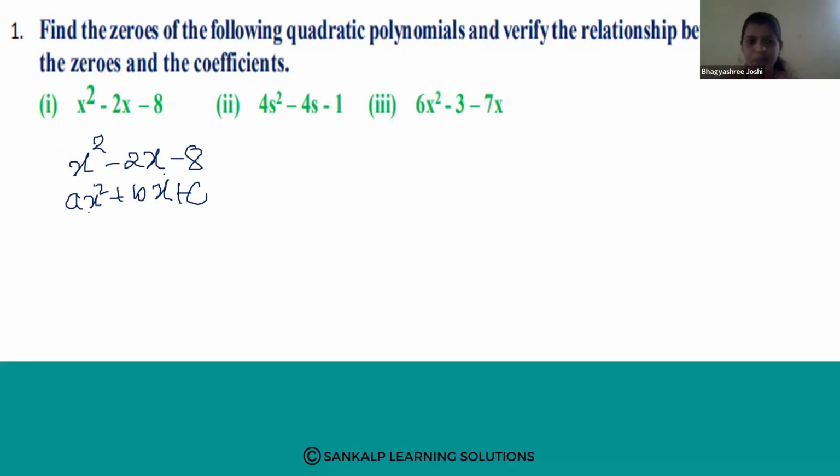Next, in order to find the factors of a quadratic polynomial, which method will you use? Factorization method. So how will you do the factorization method? a into c, that is 1 into 8, 8. Then you find two numbers. Take two numbers such that the product should be 8 and the sum should be minus 2. Tell me those two numbers.